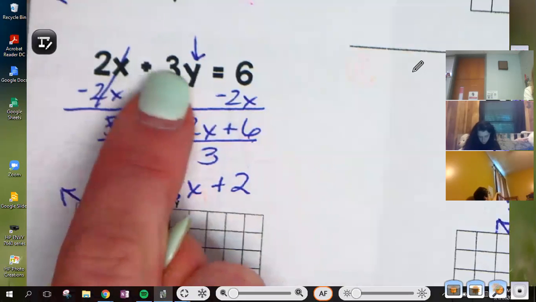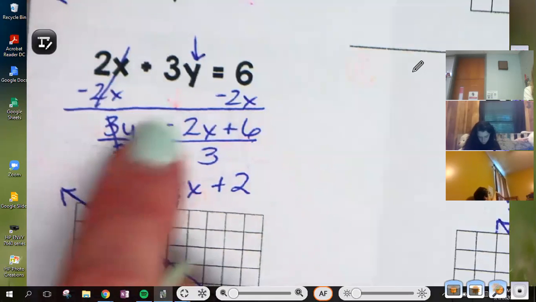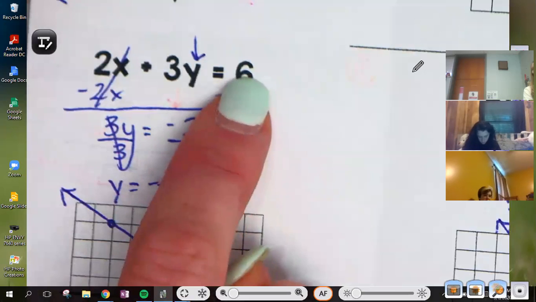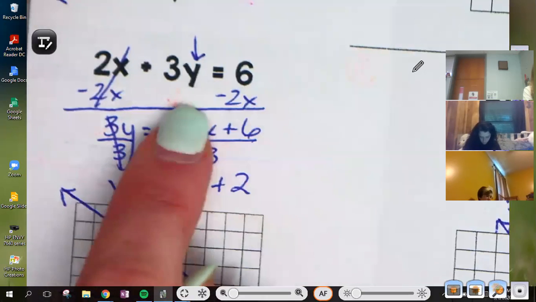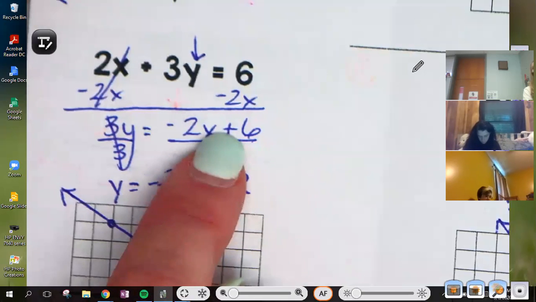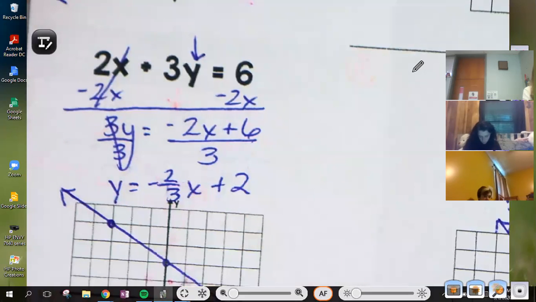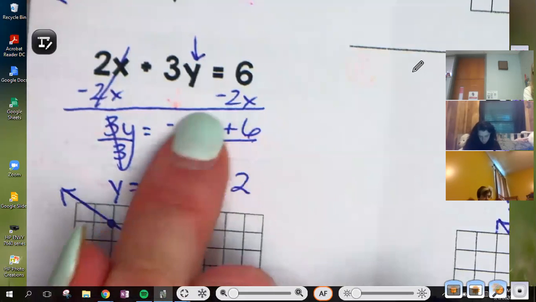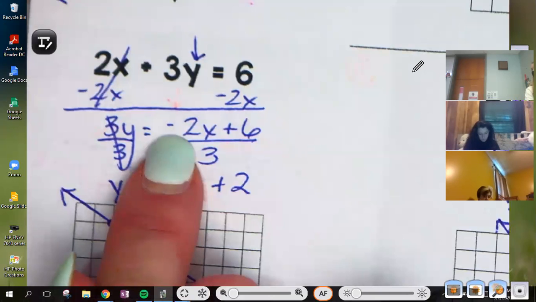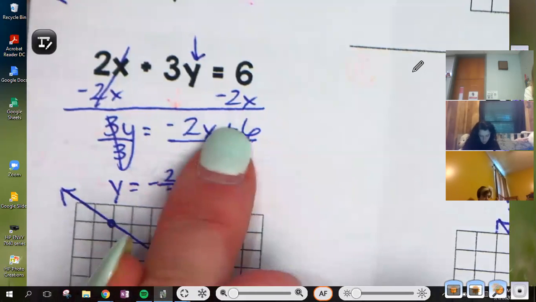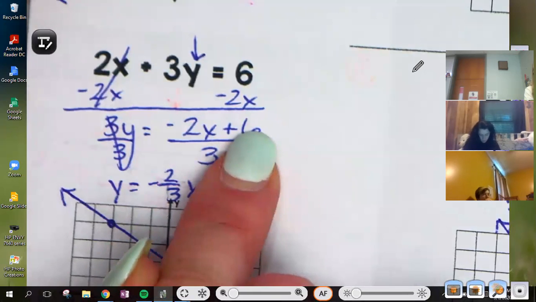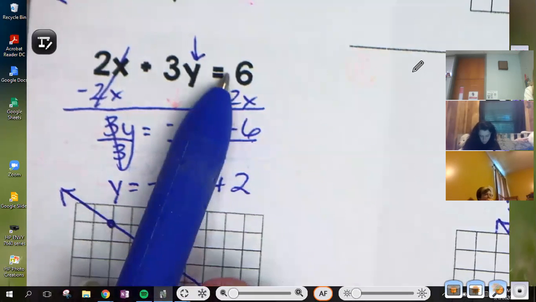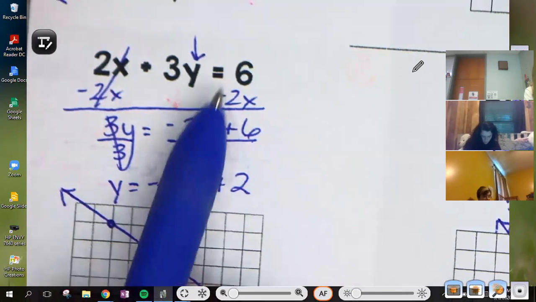So I'm left with 3y equals, can I combine these two terms? If you got 4x right here, it's because you combined those terms. So I'm just going to bring down, I like to bring my x down first, so it's still in slope-intercept form. So I have -2x plus 6. I kept the same signs that I had up here.